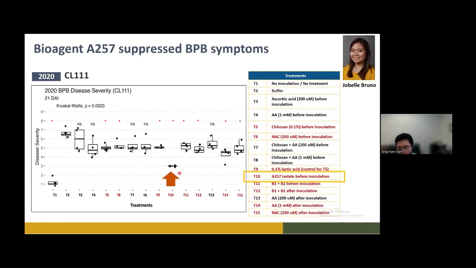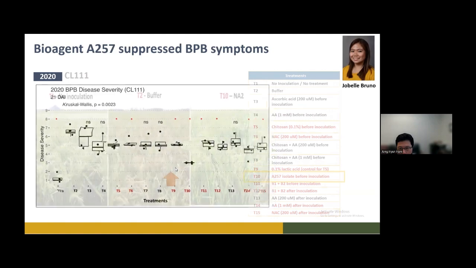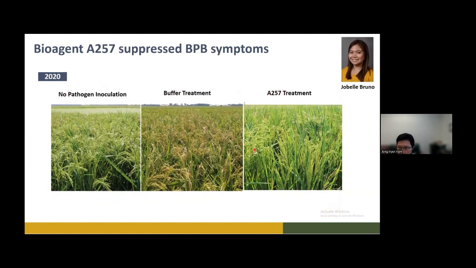So in both cultivars, this agent showed the most promising activity. This plot shows the effect of the A257 treatment compared to the non-inoculated clean plot and the buffer-treated control plot. As you see, the panicles are quite clean, like the non-inoculated plot.